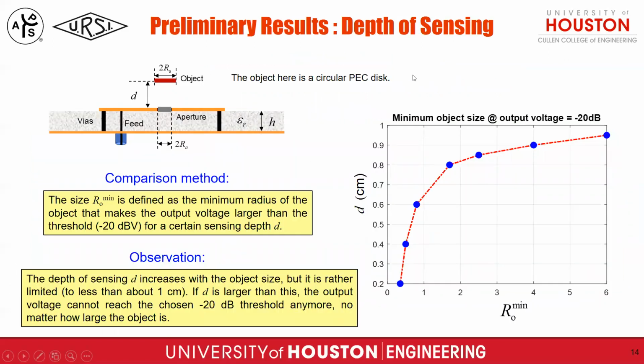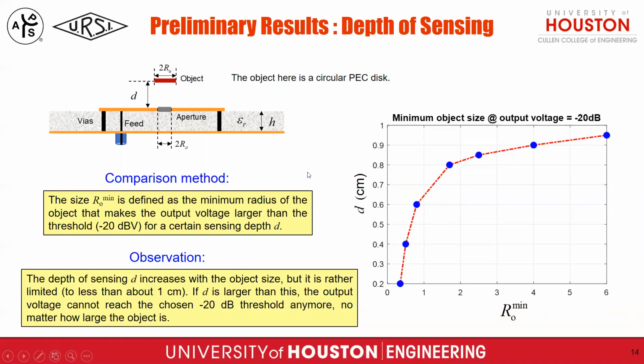Now we also investigated the depth of sensing. In this simulation, we put the object right above the aperture. For a fixed distance, we change the object radius. We find the minimum object size such that the output voltage is larger than -20 dB. For example, if the distance is 0.6 centimeter, it requires the radius of the object to be larger than 0.9 centimeter.